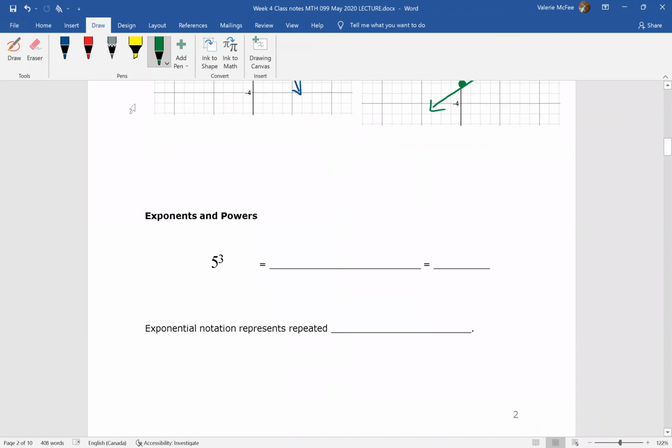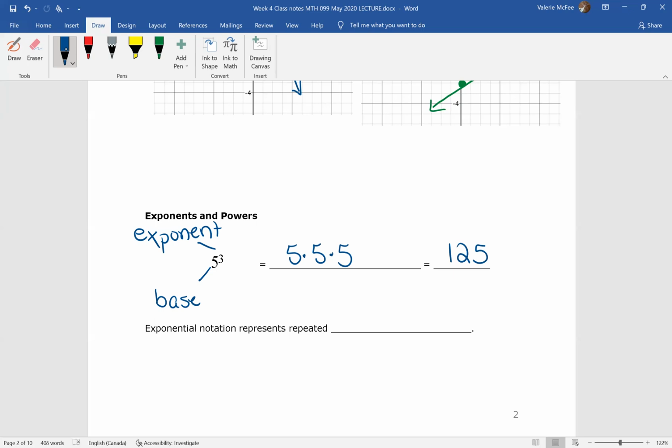We're also going to do a quick review of exponents and powers because we're going to start applying these to our polynomials. Remember in this example that 5 is the base, 3 is the exponent. The exponent 3 tells us to multiply the base by itself 3 times.